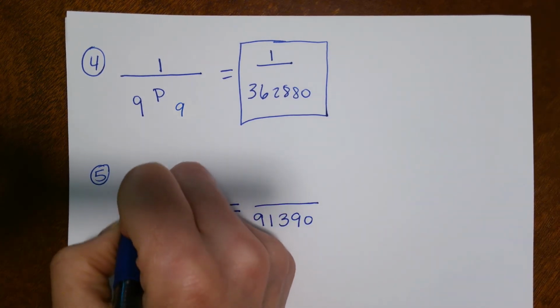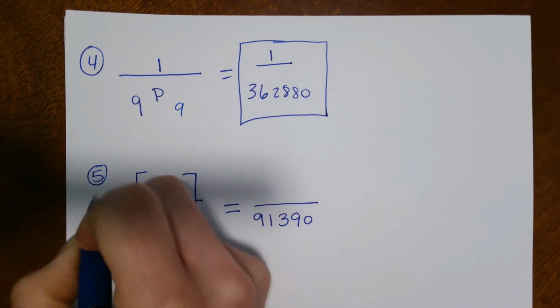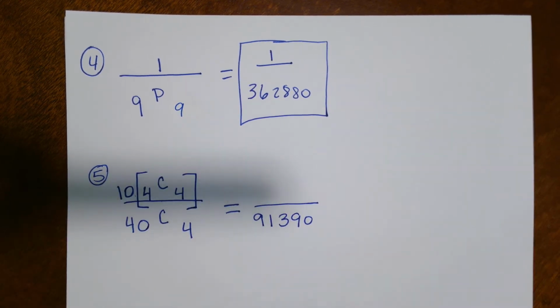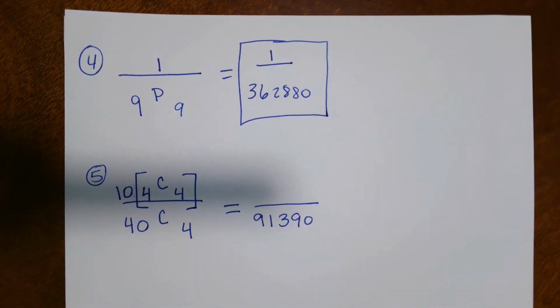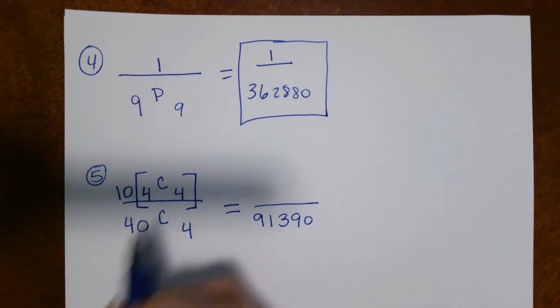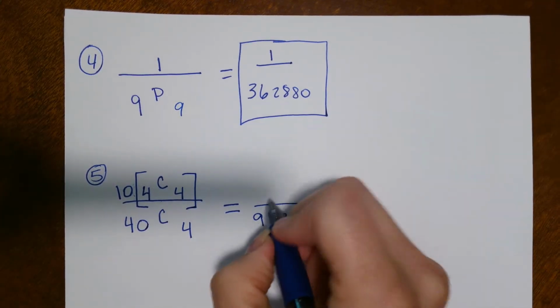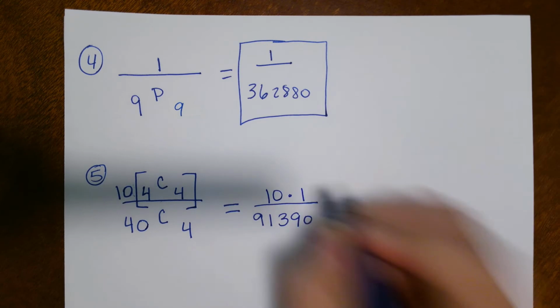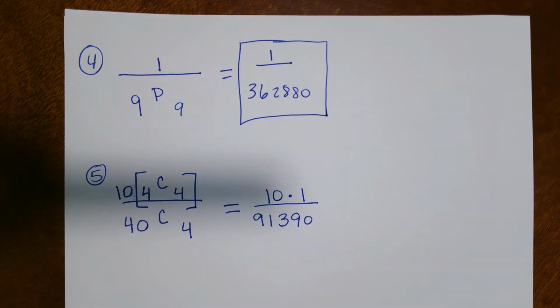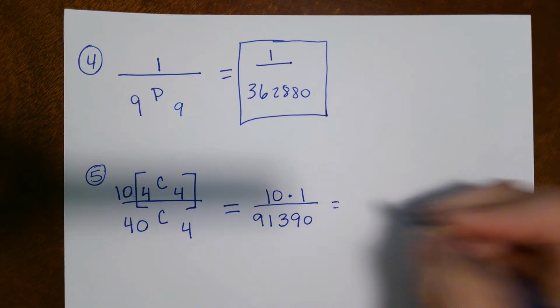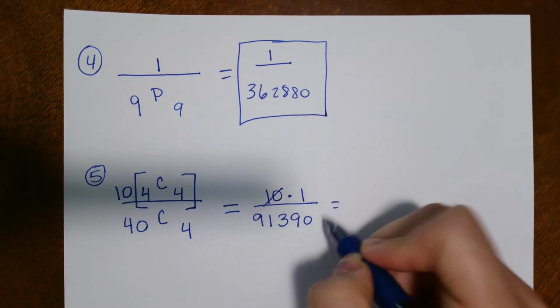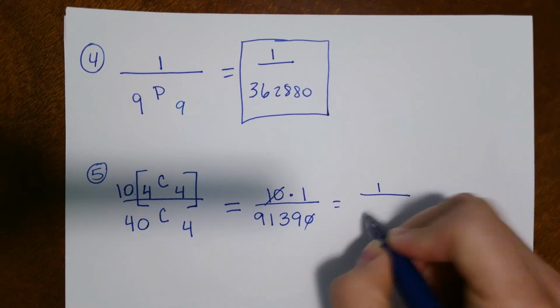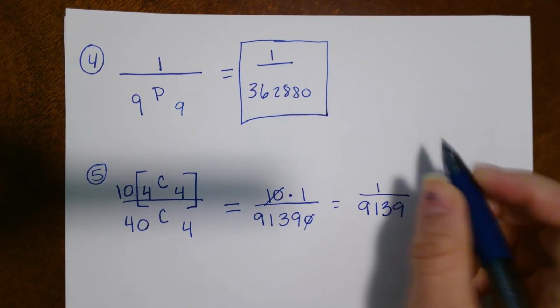Since they're numbered 1 through 10, there's 10 ways that this particular situation could happen. So 4 choose 4 is 1, so I'm going to have 10 times 1, which is 10, and this fraction can be reduced. So I get 1 over 9139.